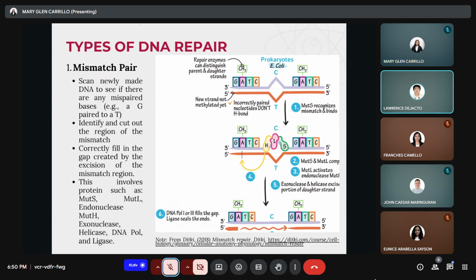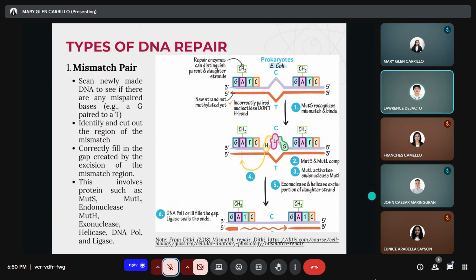Then lastly, it correctly fills in the gap created by the removal of the mismatch region. This involves proteins such as MutS, MutL, endonuclease MutH, exonuclease, helicase, DNA polymerase, and ligase.